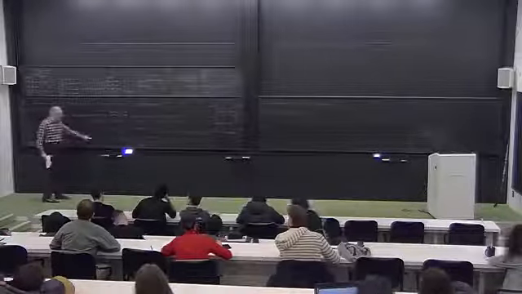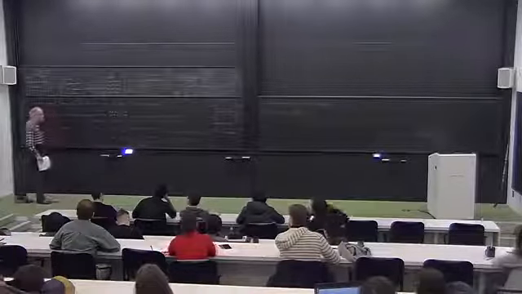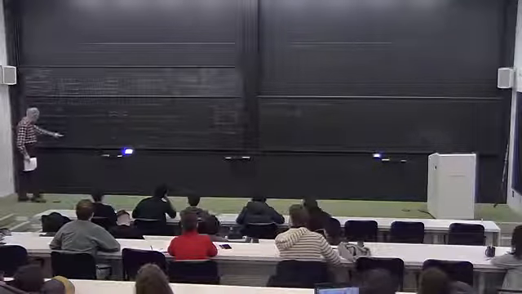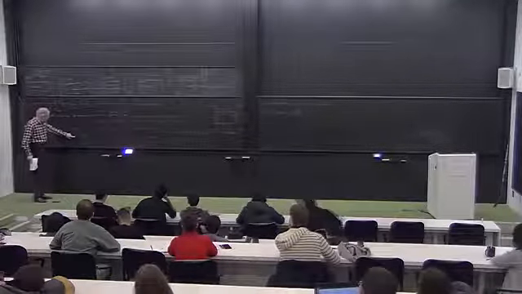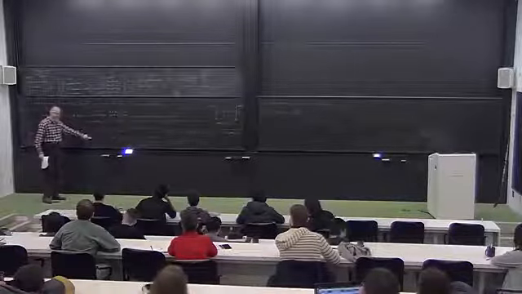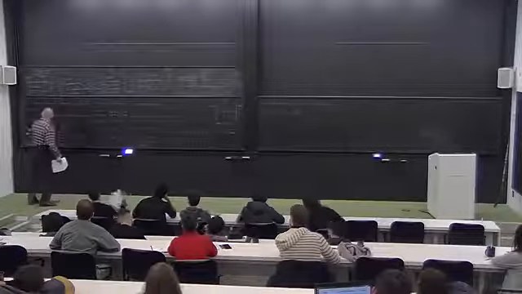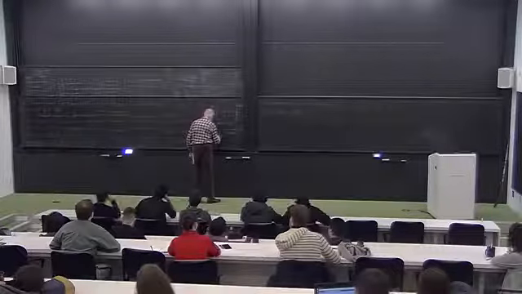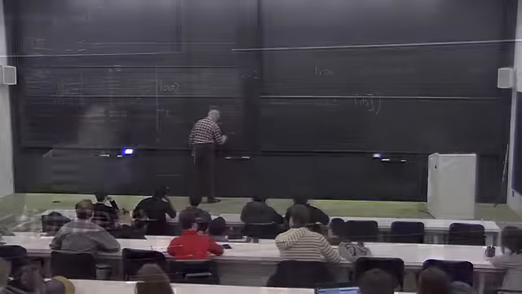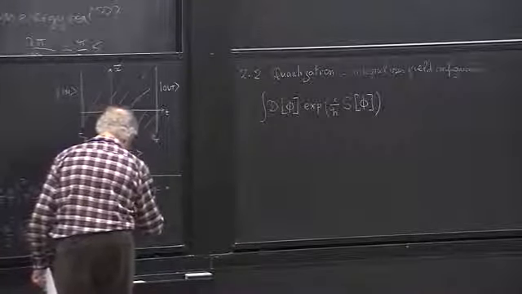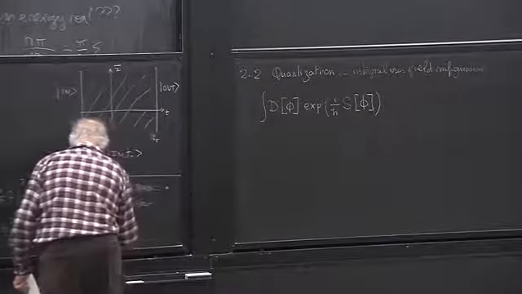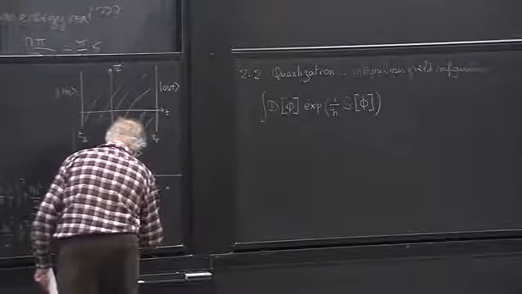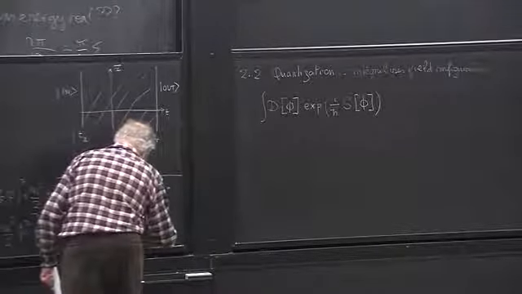There is this and this. So the action is the integral over dt of the time derivative of phi squared minus m squared over 2 phi squared. So you recognize the action of a classical harmonic oscillator, and phi of t is just the position of the particle.